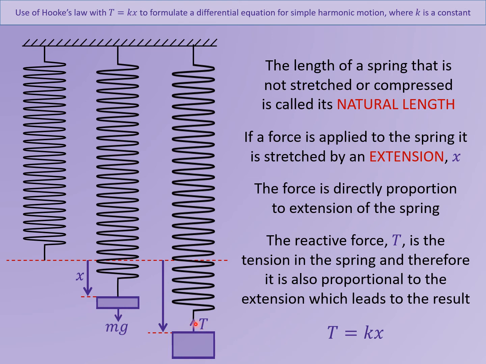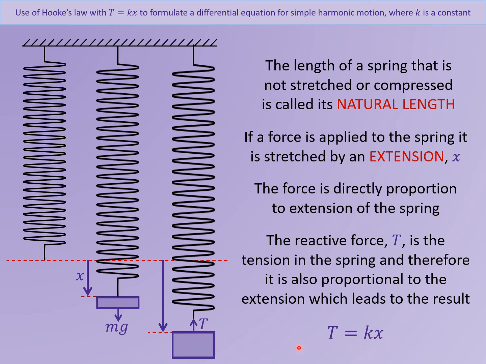Because the force and the extension are proportional to each other, as we said just here, I could write that as an equation: the force pulling down equals the force pulling up, and because they're proportional to each other, the force must equal some amount of x. Force is proportional to the extension x.